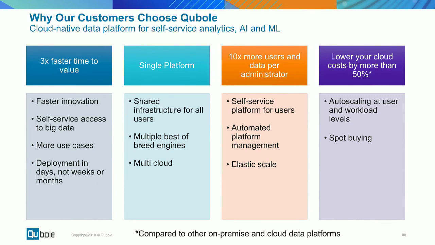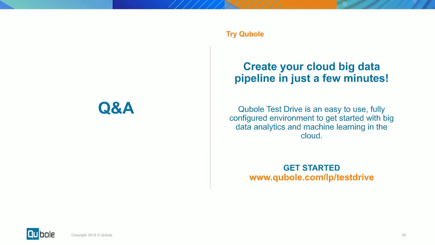This allows you to scale faster and give access to the data to more users and do that more efficiently and faster. And then, of course, the ability to lower your cloud cost. Cost overruns is one of the big things that impacts machine learning projects. Right. And this takes us to the Q&A.